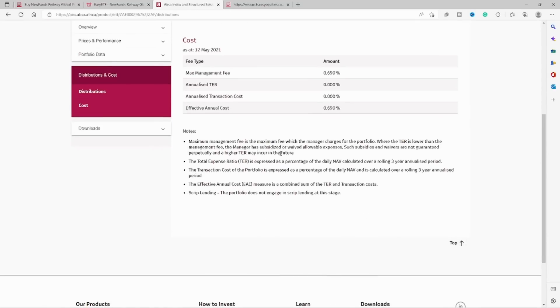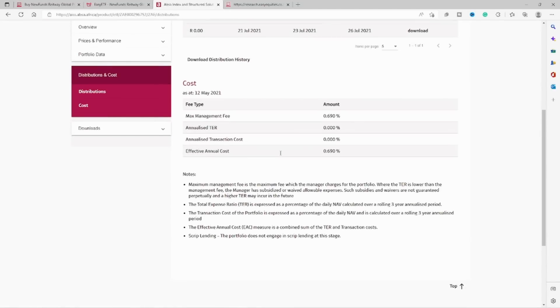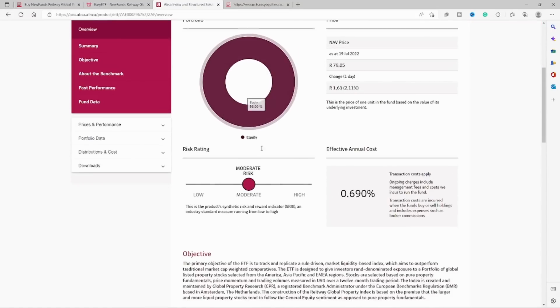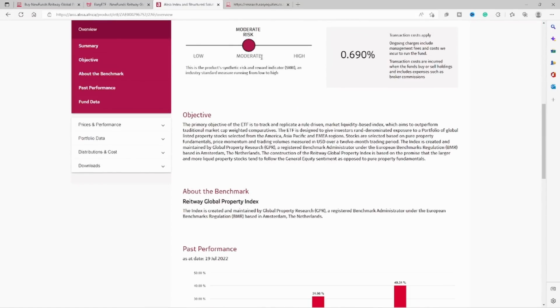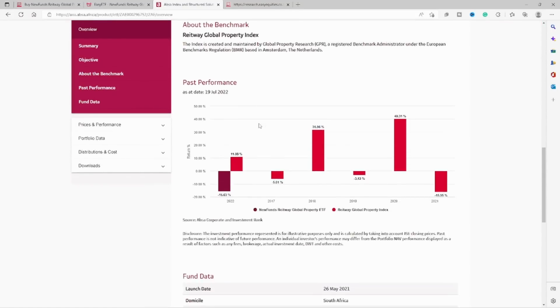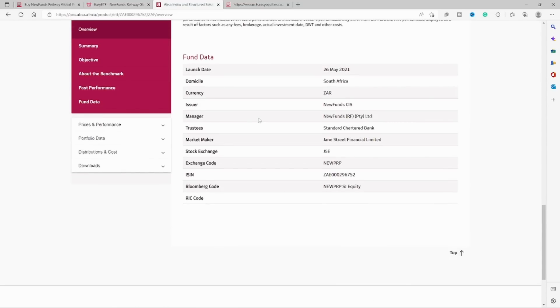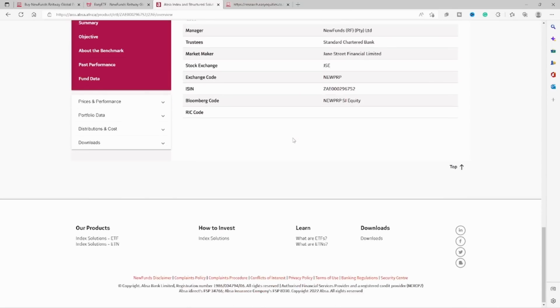Distribution and costs, yeah. Okay, max management fee 0.69. Alrighty, let's go back to overview. It's actually moderate, so you can make money. Domicile, so South Africa. Currency, ZAR, of course.